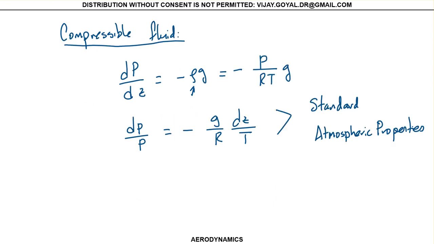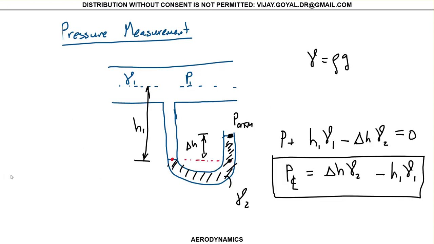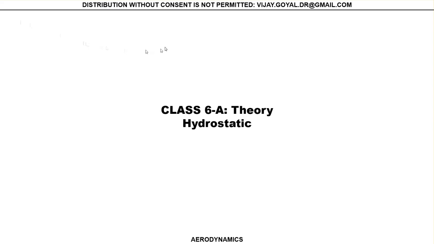For compressible fluid, as we did in class, we used this equation and were able to show that for the standard atmosphere, we get the same properties that we got previously. And then I told you how the instrumentation kind of works. And this concludes this lecture on hydrostatic pressure.